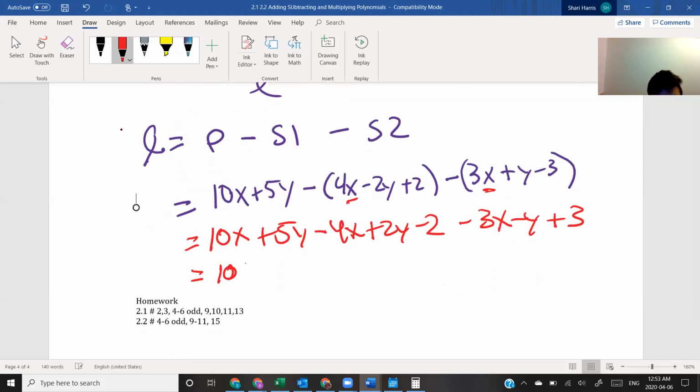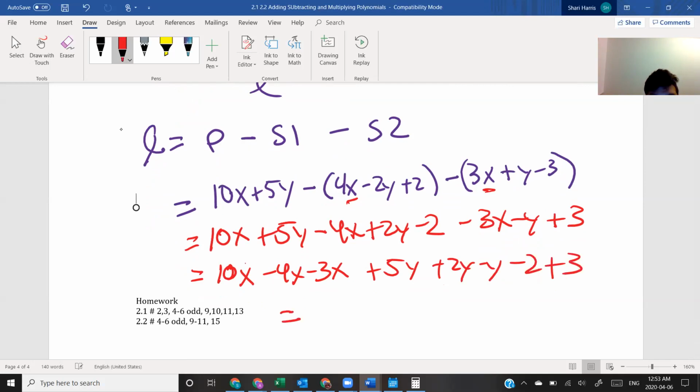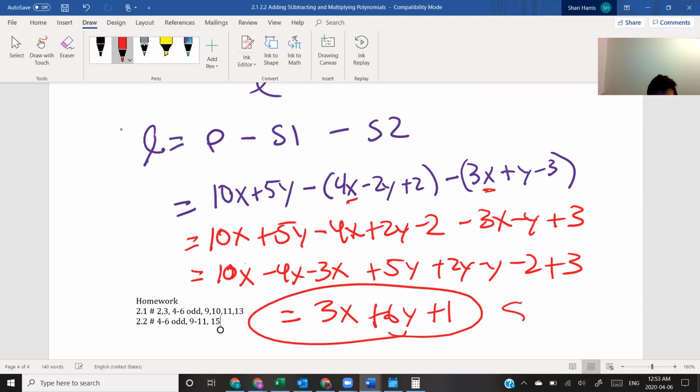So 10x minus 4x minus 3x is 3x. 5y plus 2y minus y is plus 6y. And then minus 2 plus 3 is plus 1. So this is the length of this third side.